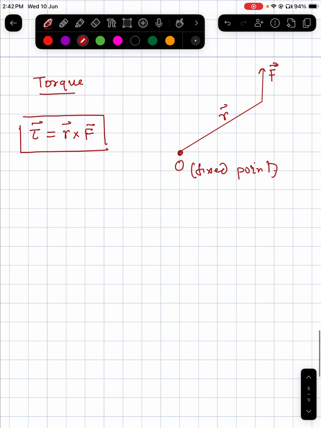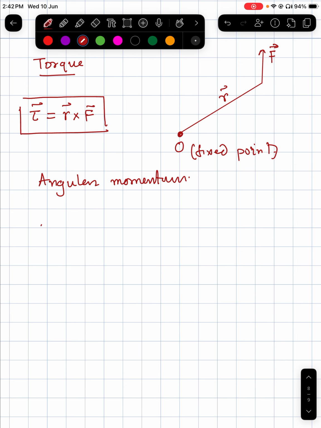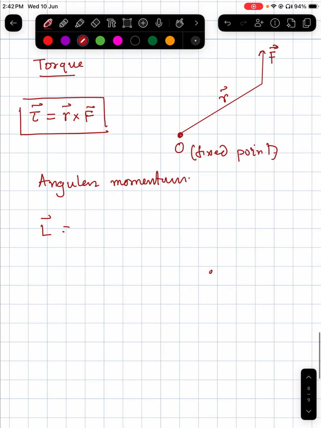In rotating motion or circular motion, we define a new quantity beside the torque, which is known as angular momentum. So again, we are considering a particular origin, and now we are considering the position of the particle, not of the force.